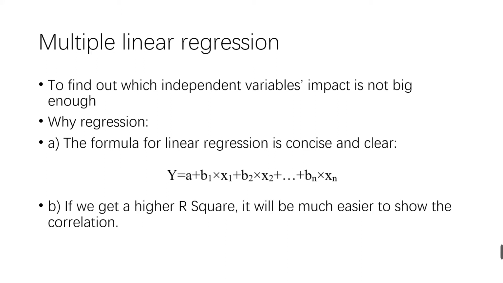We chose regression not only because we have learned it in class, but also because the formula of linear regression is really concise and very clear. And if we get a higher R square, it will be much easier to show the correlation between them.